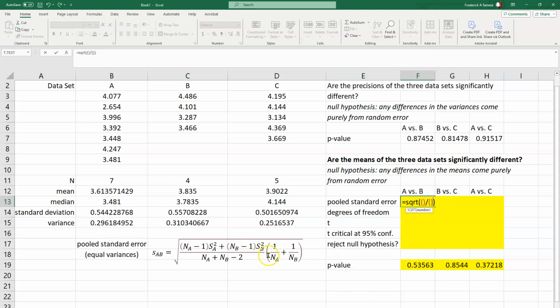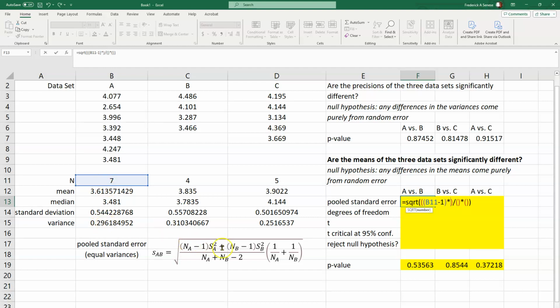Finally, I have that whole fraction multiplied by something else in parentheses over here. So I'm going to put a pair of parentheses there for that. Now let's fill in the parentheses. This parentheses are going to encompass this part of the expression. Okay, so I've got parentheses NA minus 1, close the parentheses, times, and here I've got the variance.